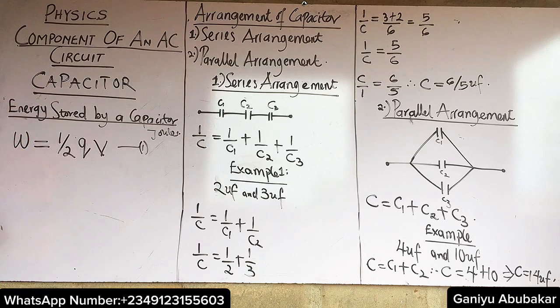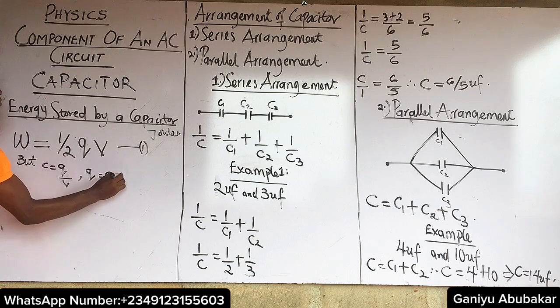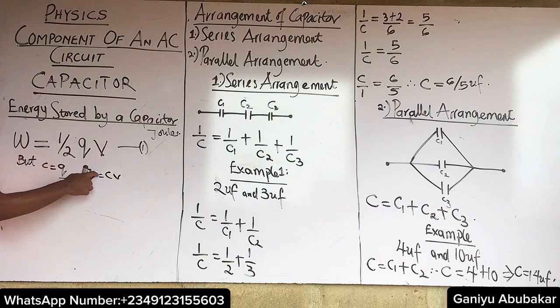So at this point here, let me derive another expression, right? But we said that C is equal to Q over V, right? Make Q subject. I'll have that Q is equal to CV. So now wherever I see Q, I'll put CV.